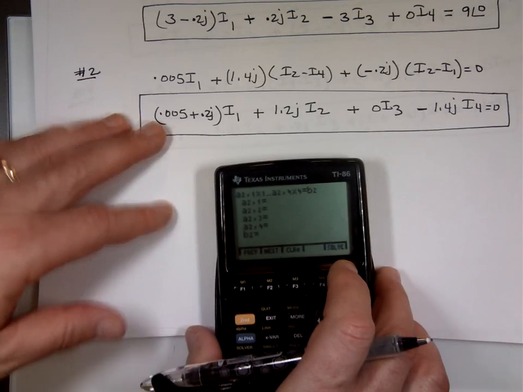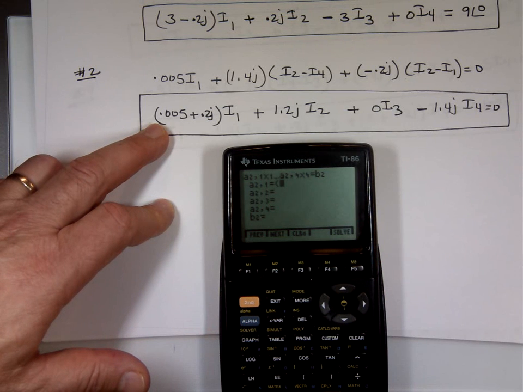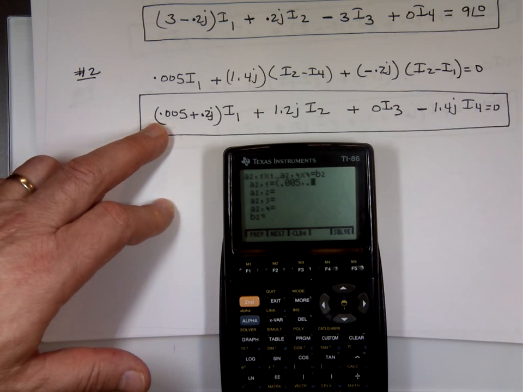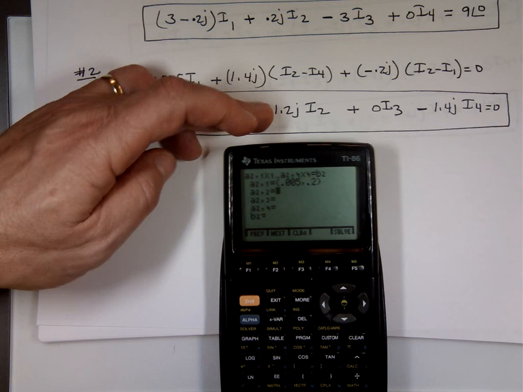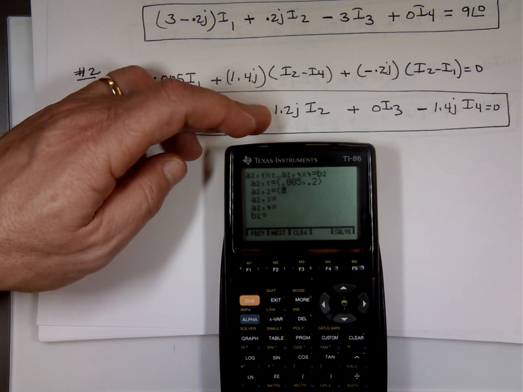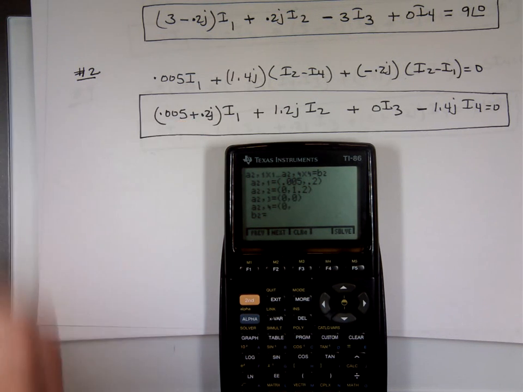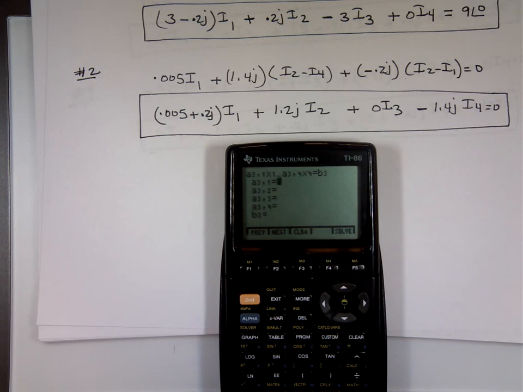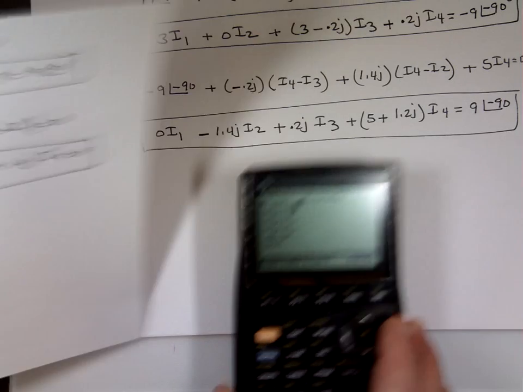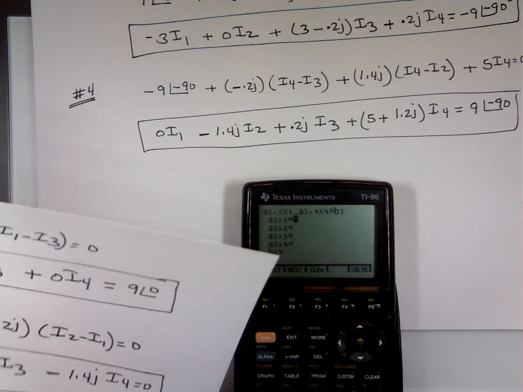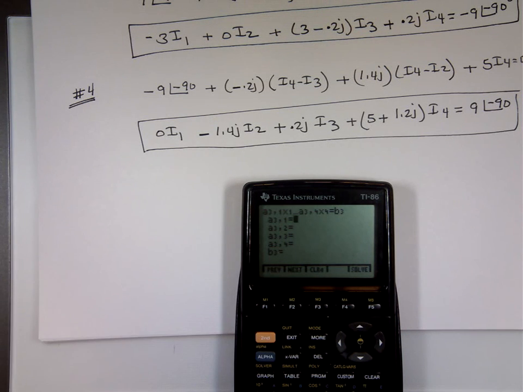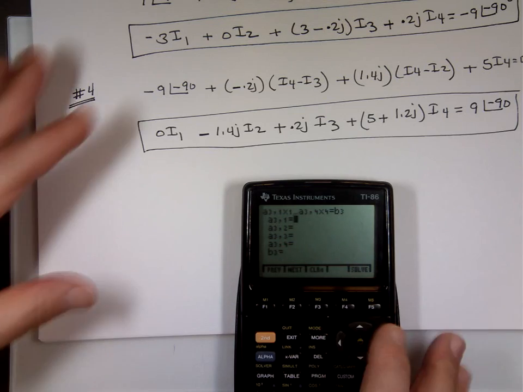Then 0.005, 0.005 comma 0.2. 1.2j, 0 comma 1.2. 0, 0 comma negative 1.4. 0. So as long as you have the parentheses and the commas when you're doing the matrices, the calculator already knows that. Complex mode, yeah. Other calculators are different, you put i in them. This one does, yeah.